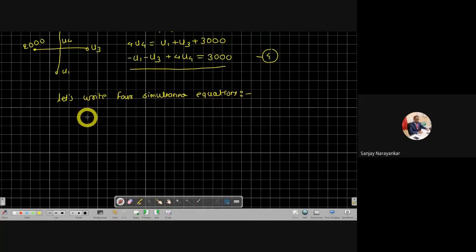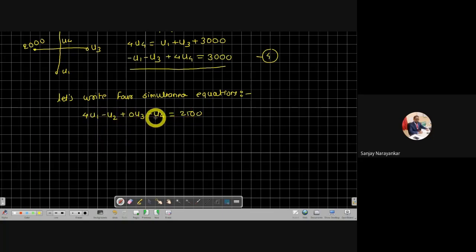Help me out to write the simultaneous equations, students. 4U1 minus U2 plus 0U3, because U3 is not present, minus U4 is equal to 2500. Can I write in this way?